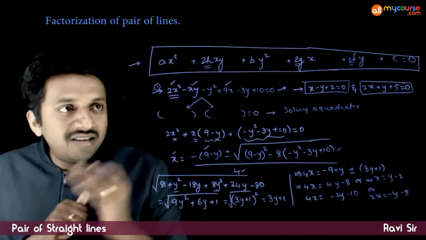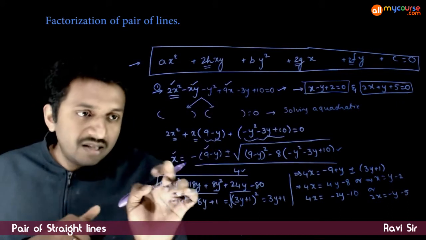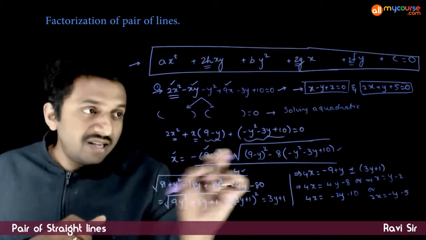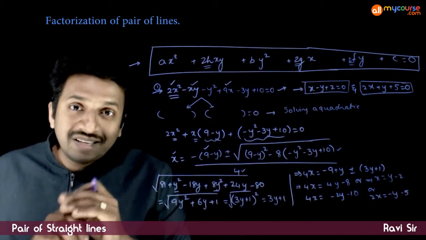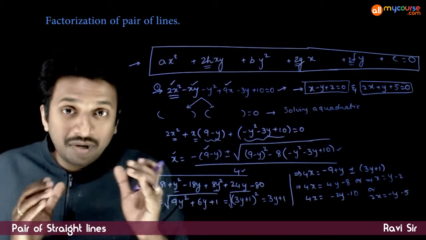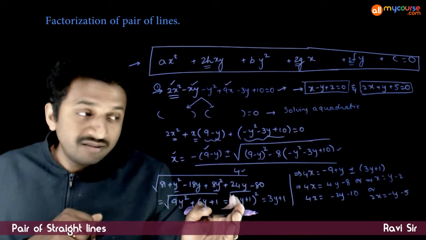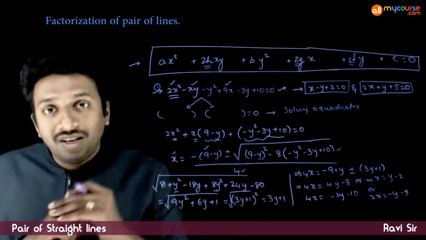You just consider the given equation as a quadratic in one of the variables, write the quadratic formula, and simplify the square root. If the square root turns out to be a perfect square, only then can you split them into two factors. Luckily that has happened here and you got both the lines.